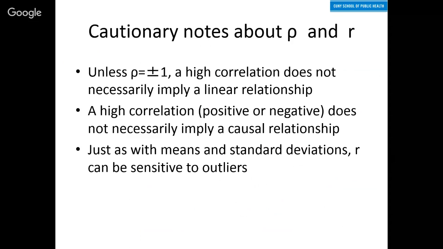So even if it is a perfectly quadratic relationship, you might see a high value of R, because a fair bit of that relationship could be described as a linear relationship.